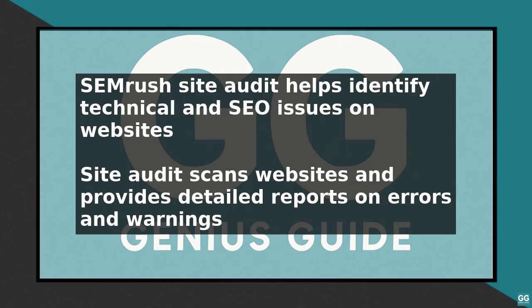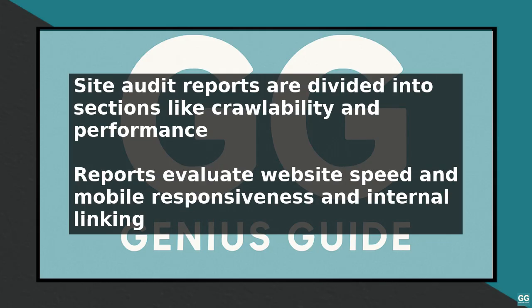The Site Audit report is divided into several sections, including crawlability, performance, internal linking, and content quality. The crawlability section checks if search engines can crawl and index the website's pages, while the performance section evaluates the website's speed and mobile responsiveness.